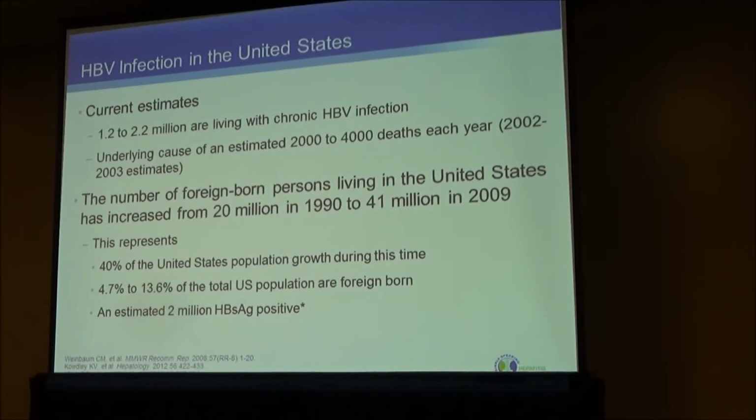All right, 2 million people we think is the number in the US right now, and the death rate, 2,000 to 4,000 deaths per year. We think that's an underestimate, but that number is relatively low because since 2005, we've had fantastic treatment for hepatitis B, with entecavir released in 2005 and then tenofovir in 2008.